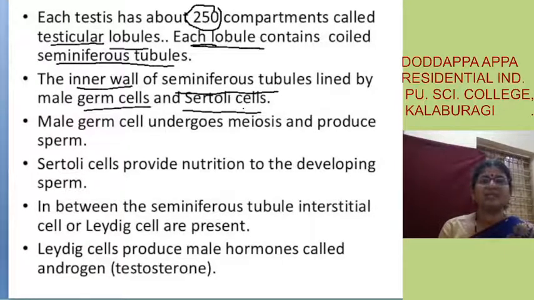The germ cells are the reproductive cells, and they will undergo meiosis cell division to form the sperms, and you know sperms are the male gamete. So from where are the sperms produced? Sperms are produced from the germ cells of the seminiferous tubule. That is why seminiferous tubules are called the structural and functional units of the testis.